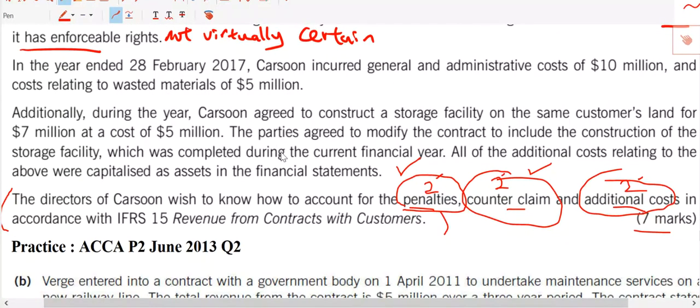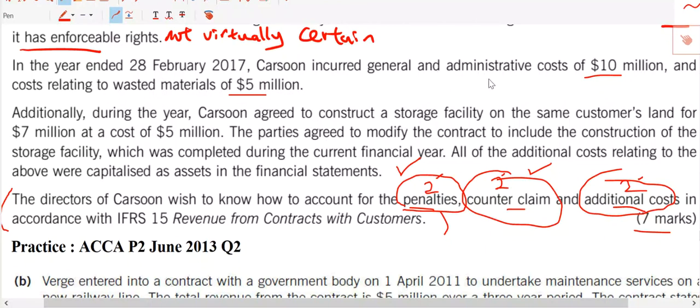In the year ended 28 February 2017, so the year end date, Carson incurred general and admin costs of 10 million, costs relating to wasted material of 5 million. What do we do with these two figures?